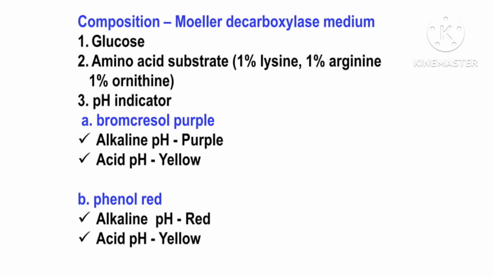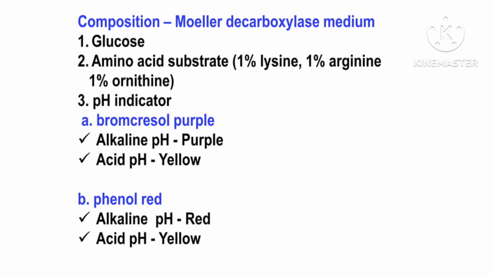The medium, called Moeller's decarboxylase medium, contains glucose and the amino acid substrate, that is 1% lysine, 1% arginine, 1% ornithine. So you have to prepare it separately. For lysine you have to add glucose plus 1% lysine plus pH indicator, and for arginine 1% arginine, glucose and indicator, same for ornithine. The indicators used are bromocresol purple and phenol red.